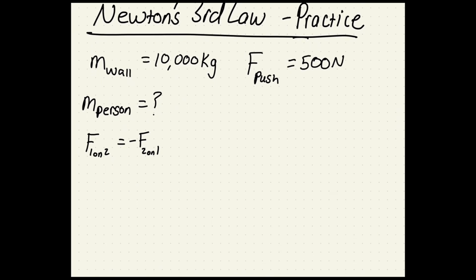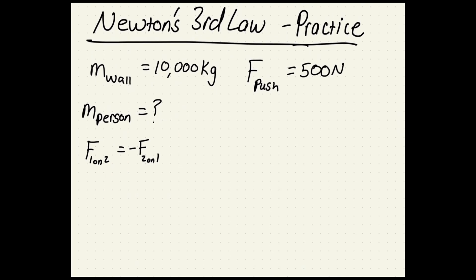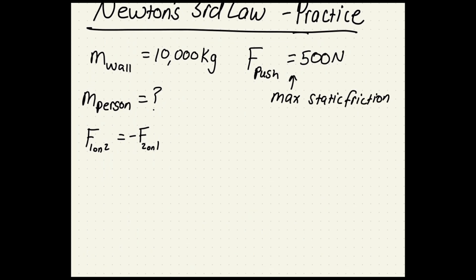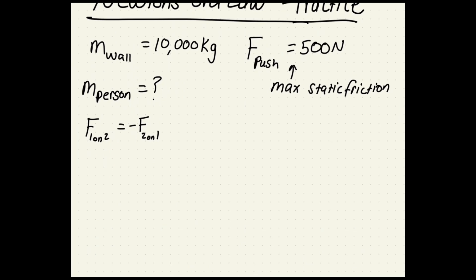So here in this scenario, we have a person and they are pushing on a wall with a force of 500 newtons. Now, when they push at 500 newtons, this is the maximum static friction. If we do this situation, we can learn some stuff about everything.